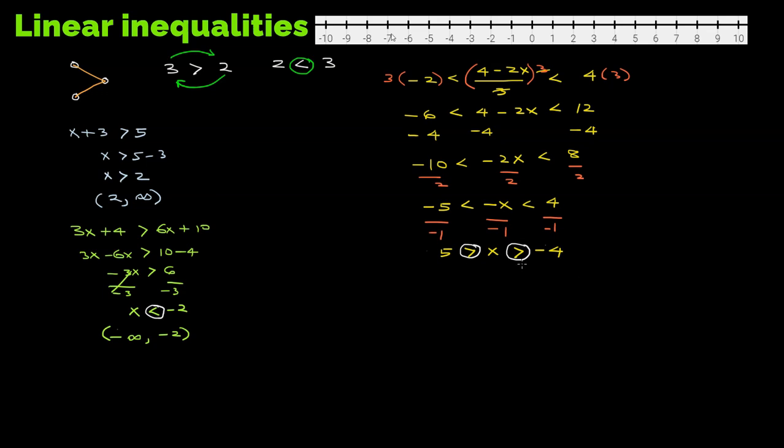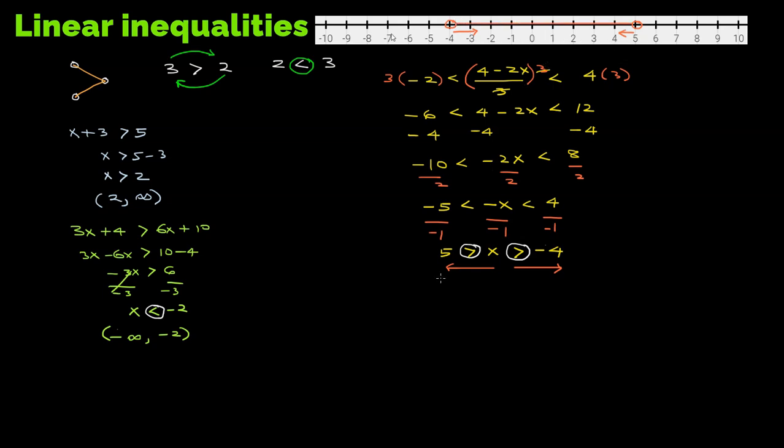If I was to put this on a number line, x is greater than negative 4, which we have here, and it goes in this direction. We have x is less than, let's count the edges, so x is less than 5. It's an open circle. So basically, this whole inequality represents this area of the number line.